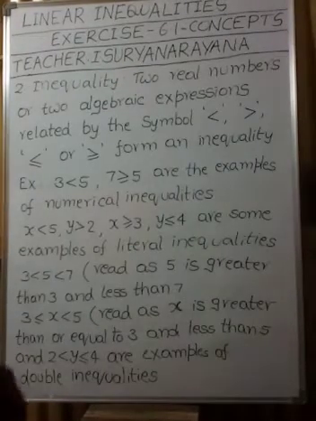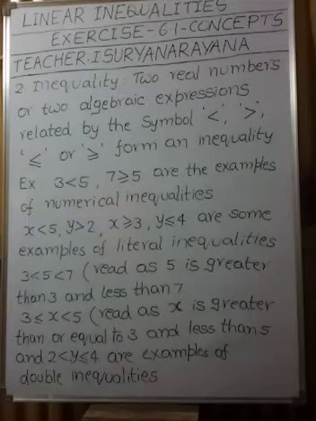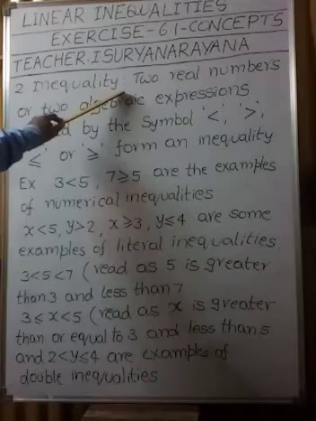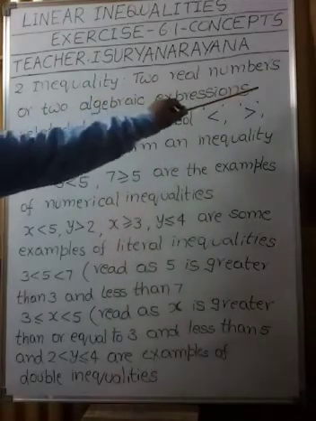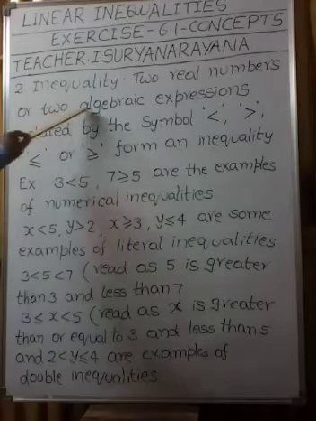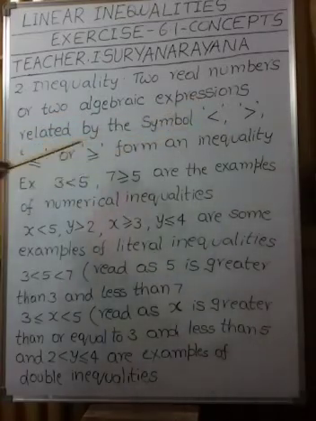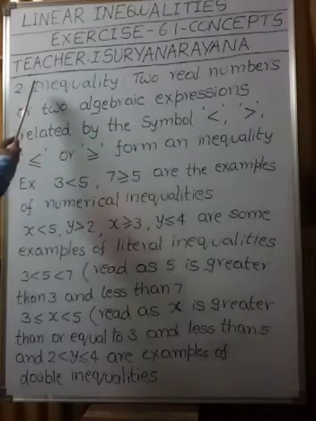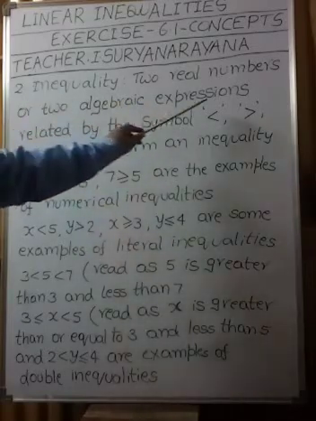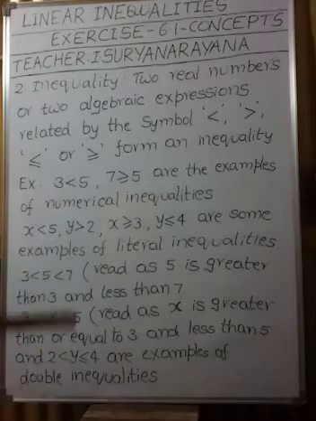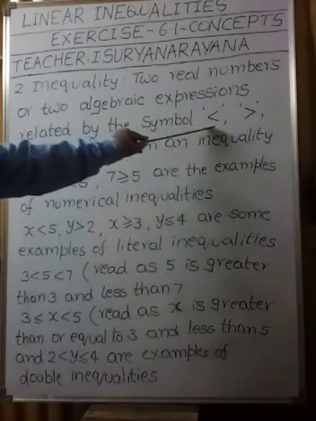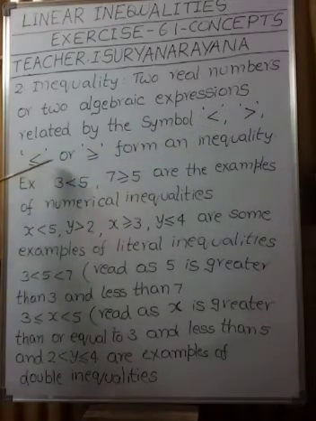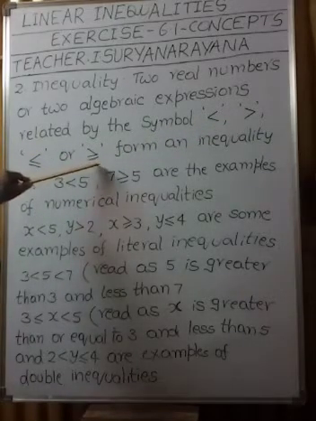Now come to the next point, that is inequality. What is meant by inequality? Two real numbers or two algebraic expressions are connected by the symbol less than, greater than, less than or equal to, or greater than or equal to.